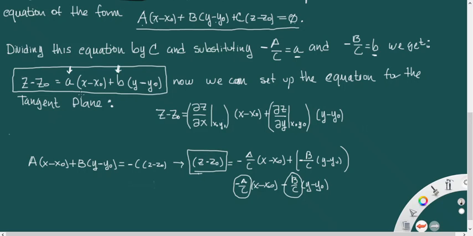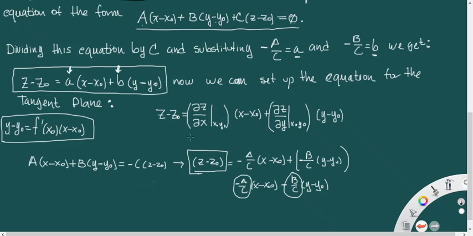So now with this, we can set up our equation, because if you remember in the past, that old point slope was something like this. You had y minus y sub 0 equals the first derivative evaluated at x sub 0 times x minus x sub 0, and this was the point slope form for that single variable function. So this is very similar to this. What we are going to do is add more variables, and we are going to replace this a and b constant by their derivatives.